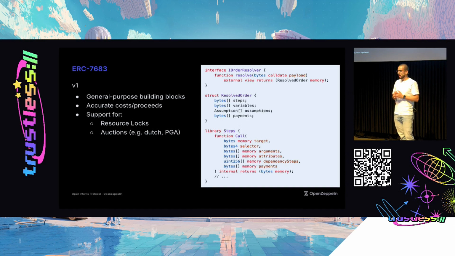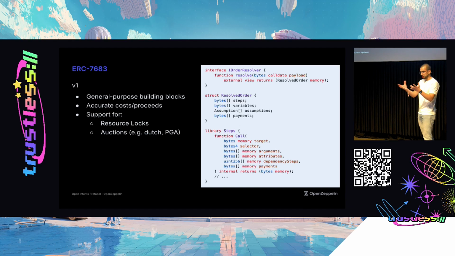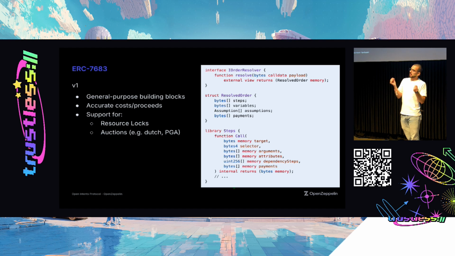It is that the filler operator would be able to configure their filler software to say, yeah, I trust this protocol at this address, and I trust this resolver at this address to tell me what steps to follow, how to participate in the auction, and so on. And so that would be the only integration step required from the filler.